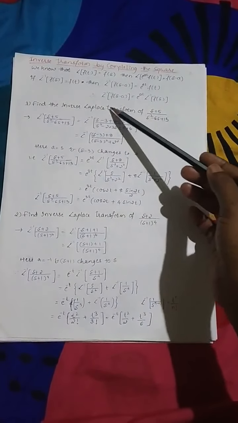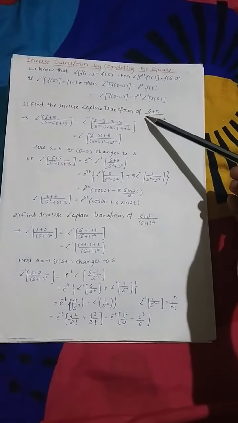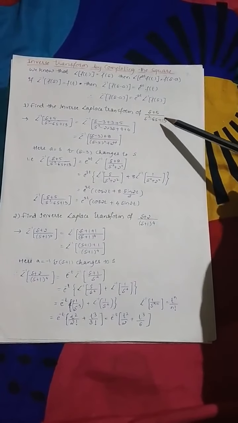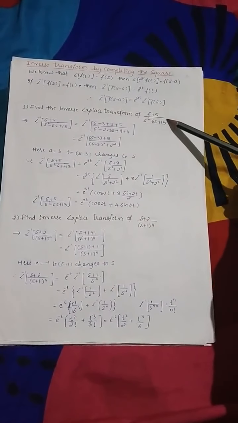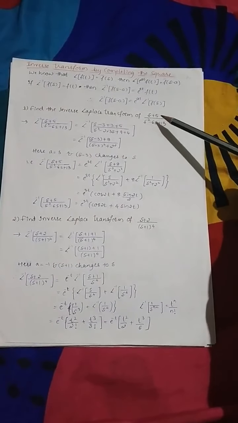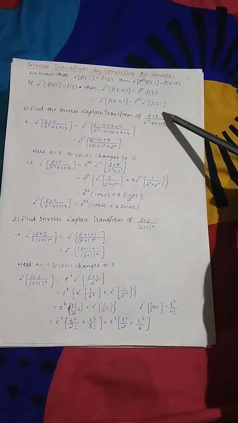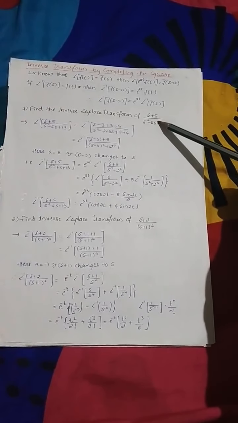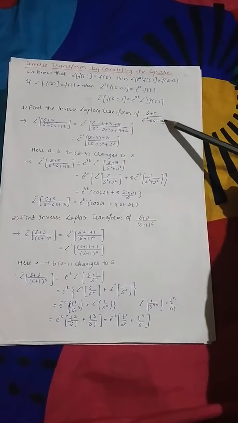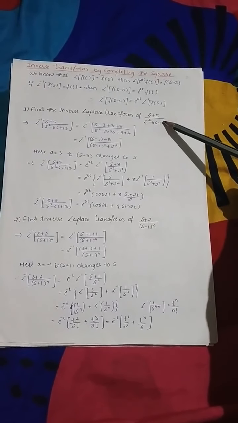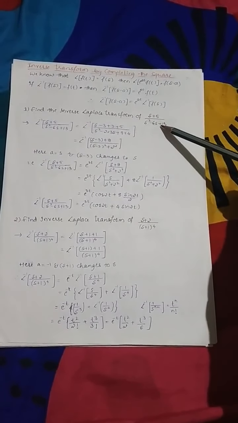Find the inverse Laplace transform of s plus 5 upon s square minus 6s plus 13. This is nothing but f bar of s. Let us rewrite this given f bar of s in the form of f bar of s minus a. First we write the given function in terms of f bar of s minus a.